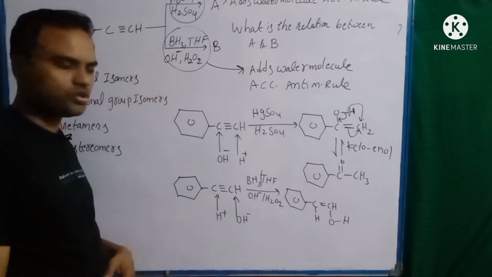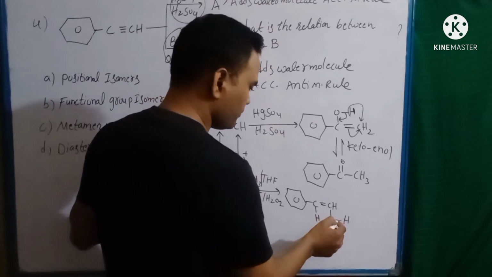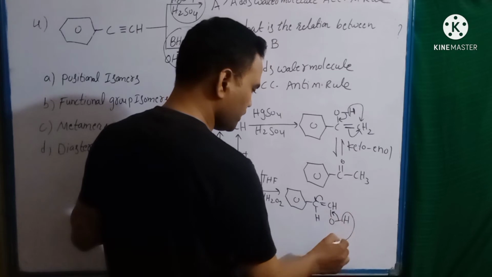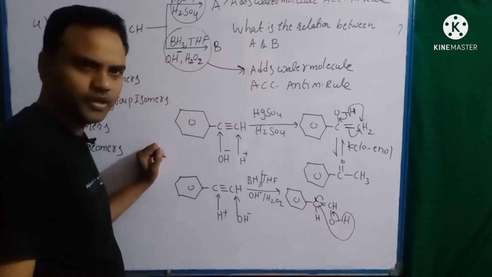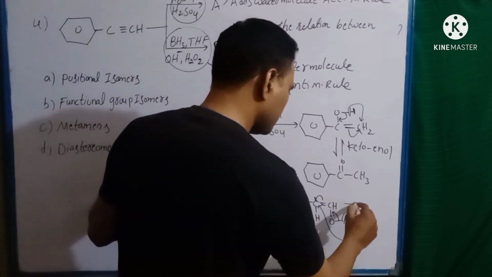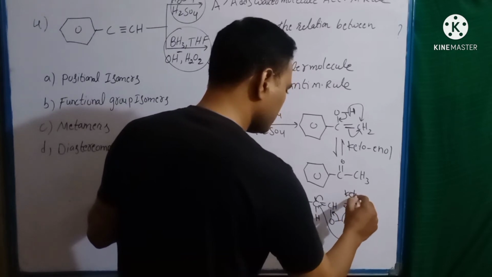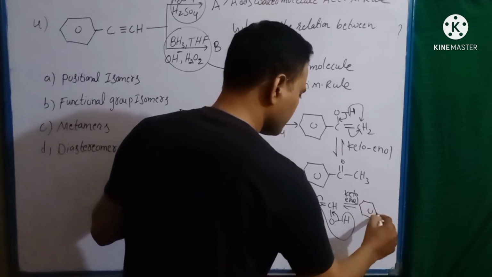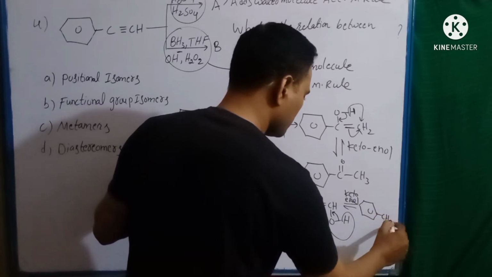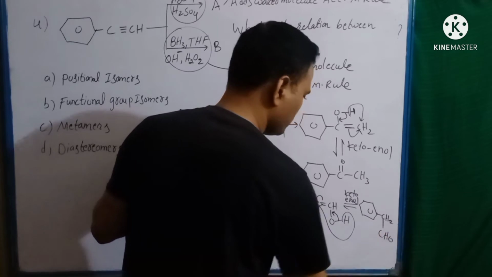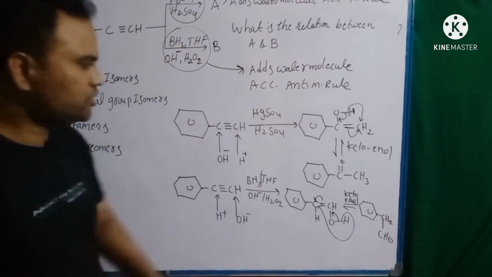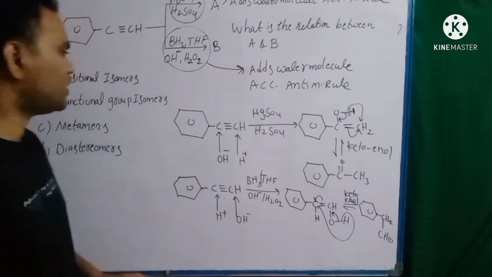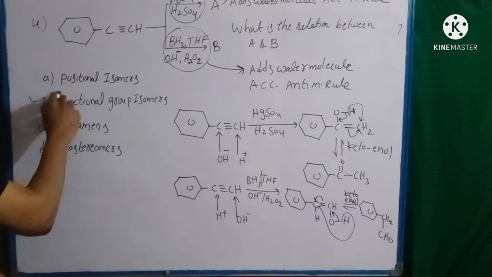Here also keto-enol tautomerism takes place. This bond will shift this side, this bond will shift this side, and hydrogen attacks this carbon atom, and we get CH2 CHO. Okay, these two are functional group isomers, right? So what is the correct answer? The second one is the correct answer.